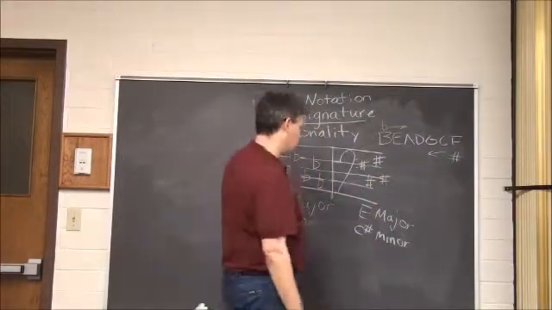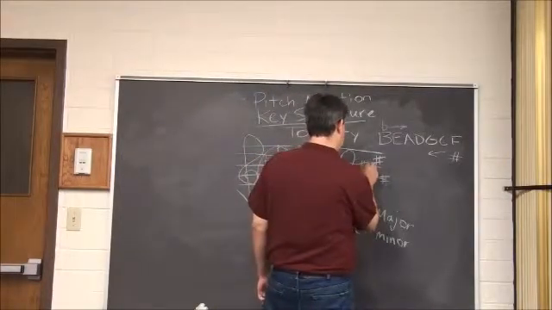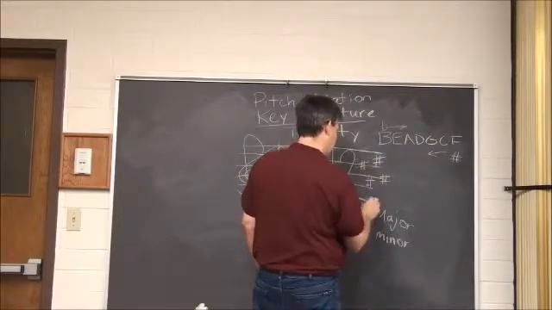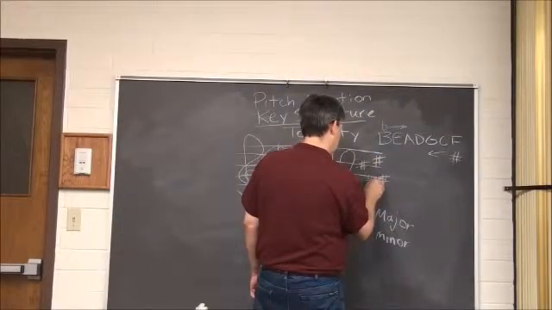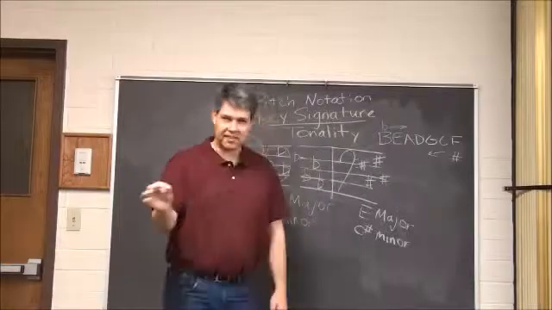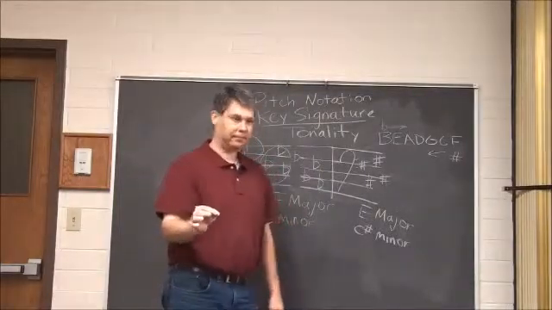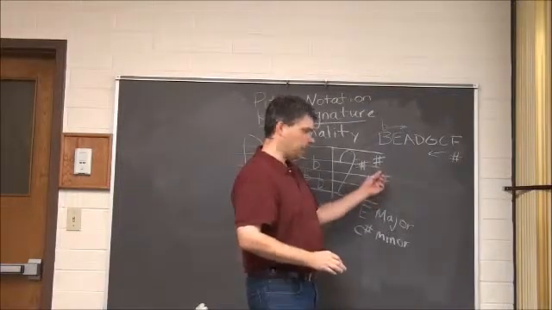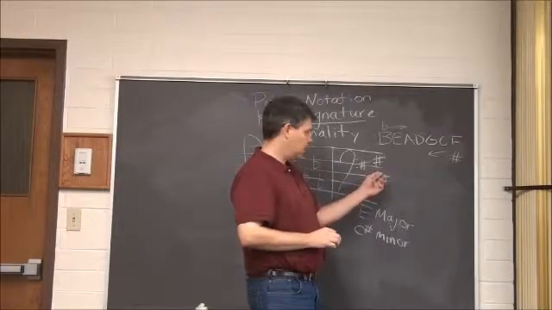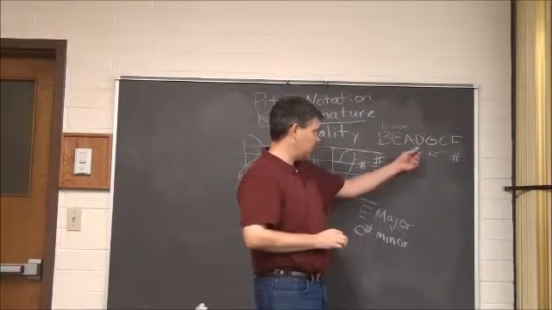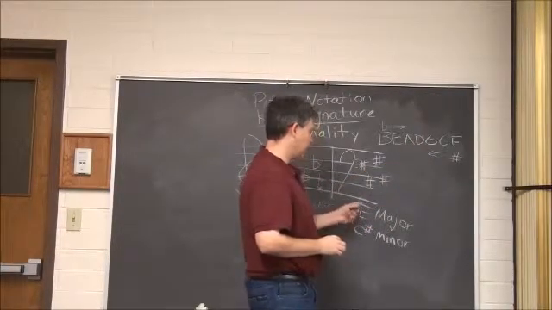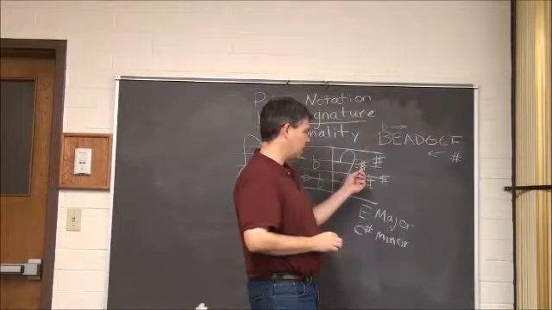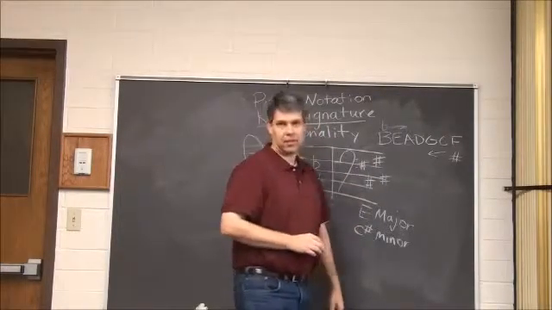Let me see if that works. If I have 2 sharps, yeah, that works. Okay, so look at the last sharp and then go up a step. If my last sharp is D, I go up a step, I'm in the key of E. If my last sharp is F, I go up a step and I'm in the key of G.